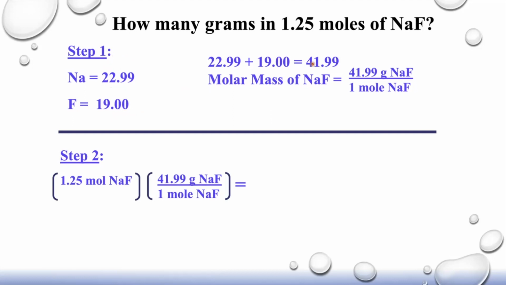That is the molar mass for the entire ionic compound. So the molar mass of sodium fluoride is 41.99, but you have to understand the association: grams of sodium fluoride per 1 mole of sodium fluoride. The molar mass is equivalent to 1 mole of it.